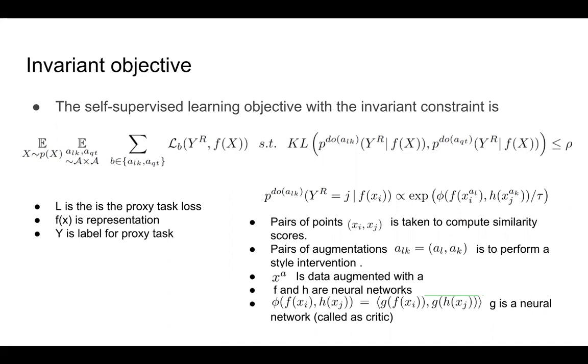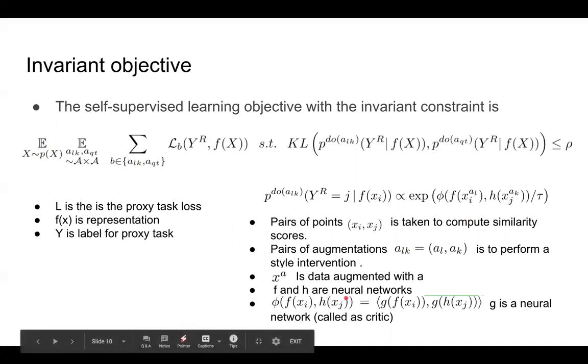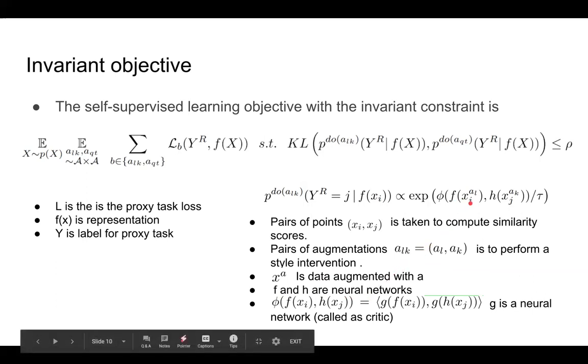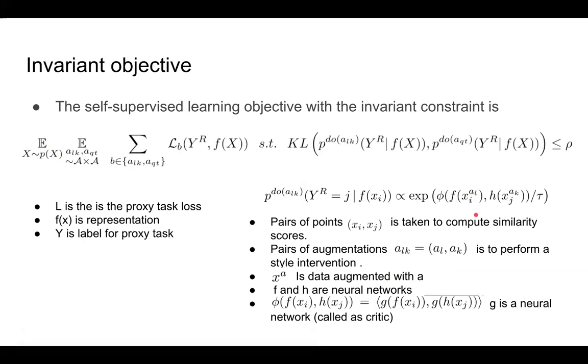And what's H here? So F is the representation, right? F and H are both models to learn the representation. So here, this F of X I A L means the representation of the augmented image under style AL.